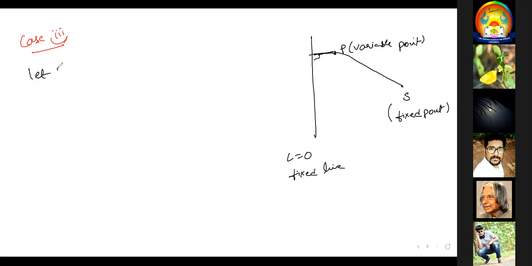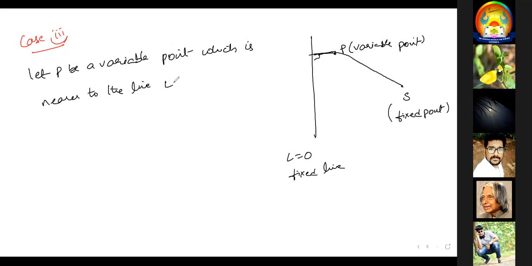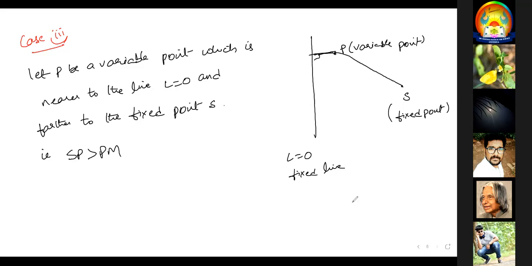Now see, let P be a variable point which is nearer to the line L equal to 0 and farther to the fixed point S. That is, SP is greater than PM.